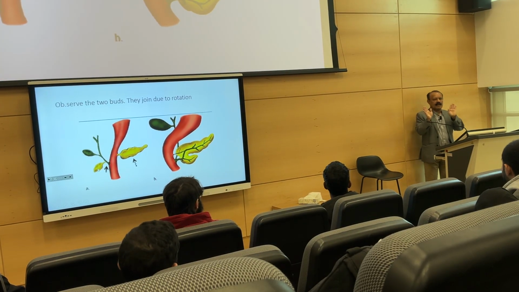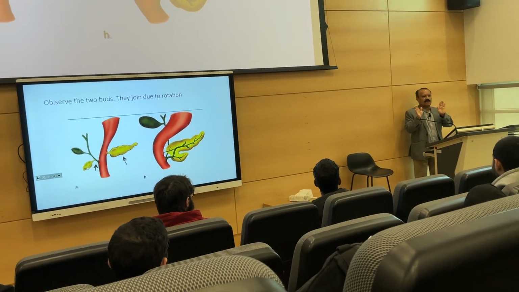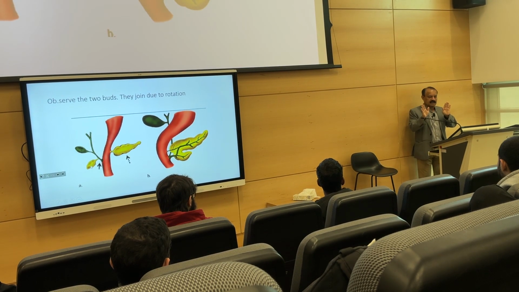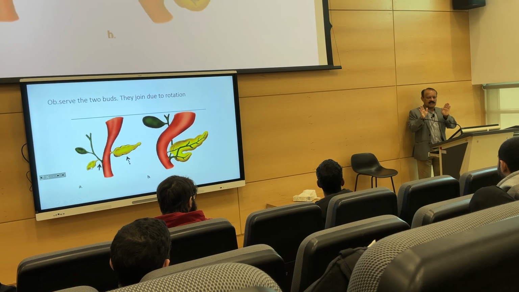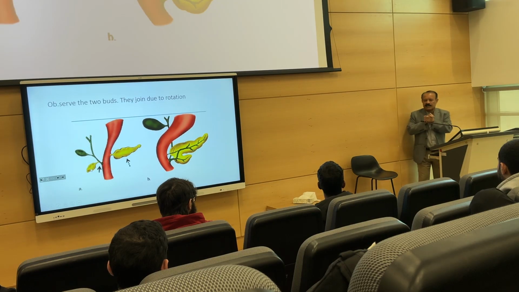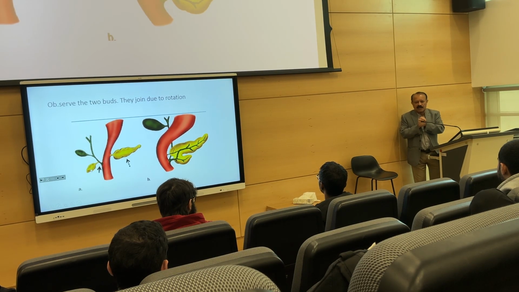Look at me. Say, for example, this is the ventral bud, this is the dorsal bud of the pancreas. When the stomach moves, this also moves, goes posteriorly and joins over there. So then our head has two parts, ventral and dorsal.